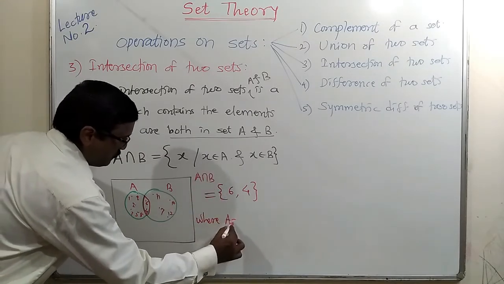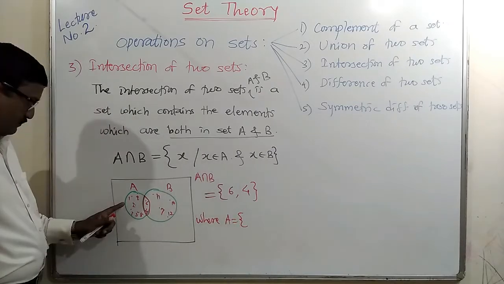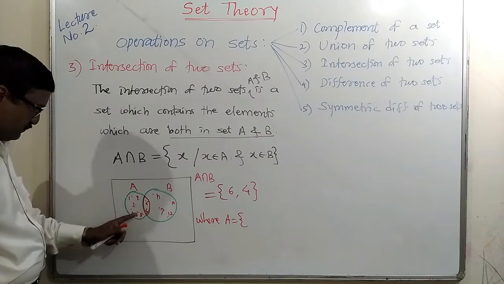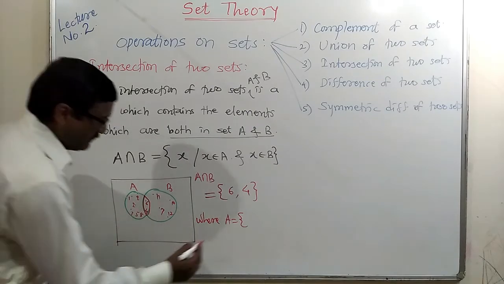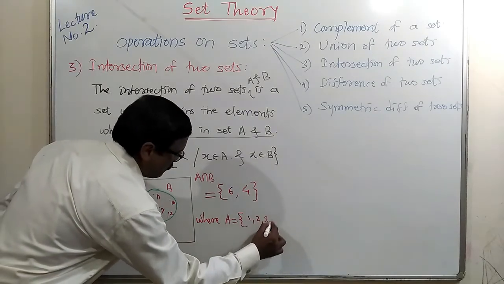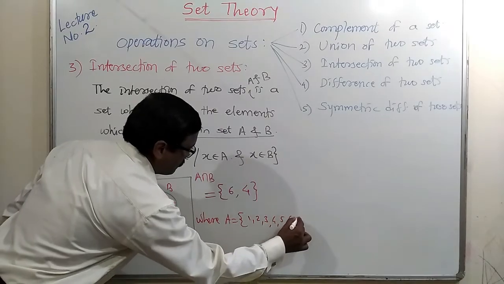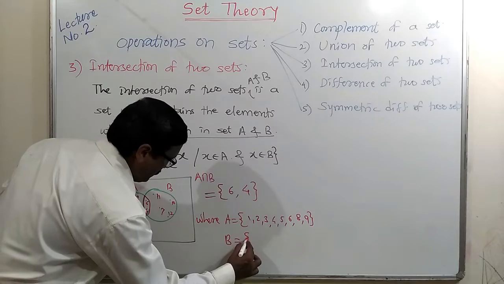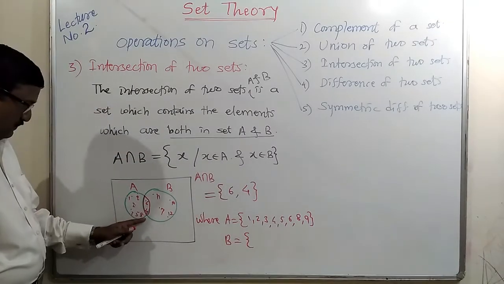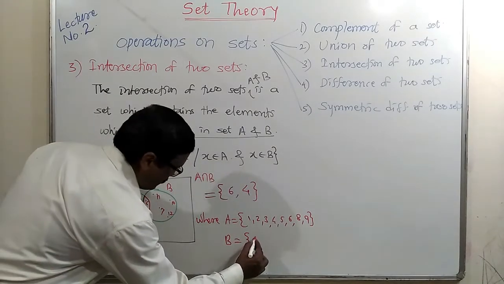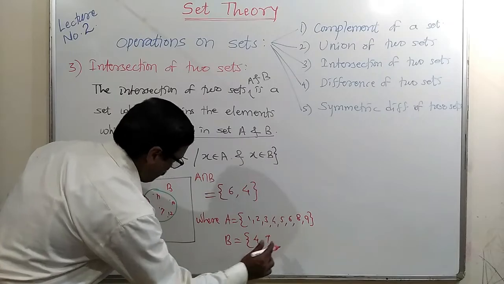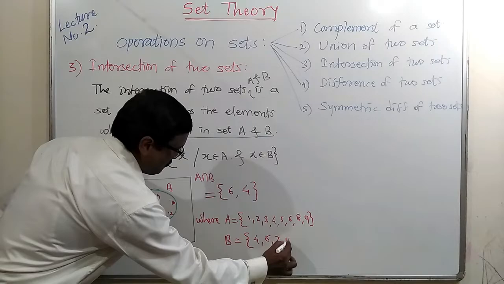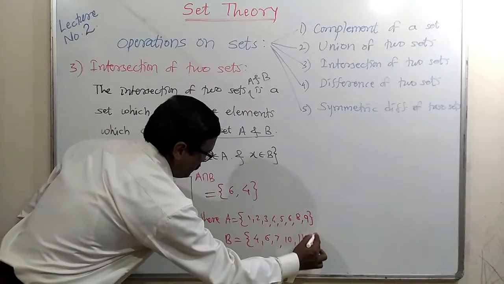Here set A is equal to 1, 2, 3, 4, 5, 6, 8, 9, while set B contains elements 4, 6, 7, 10, 11, 12.